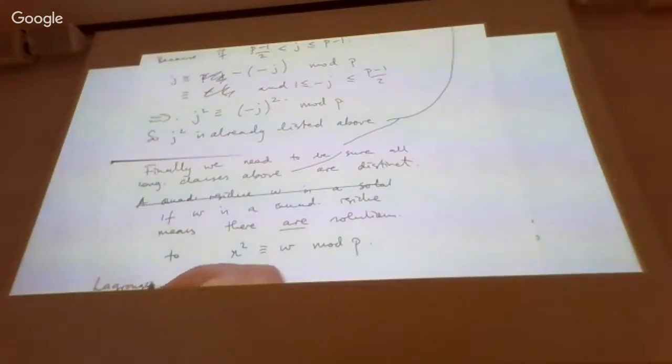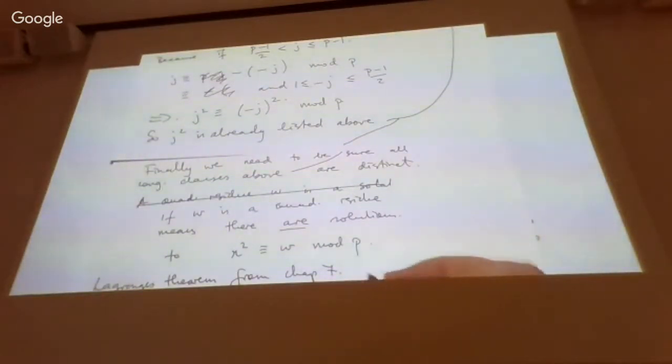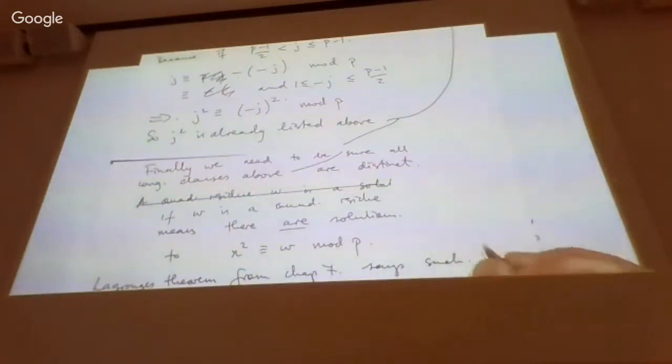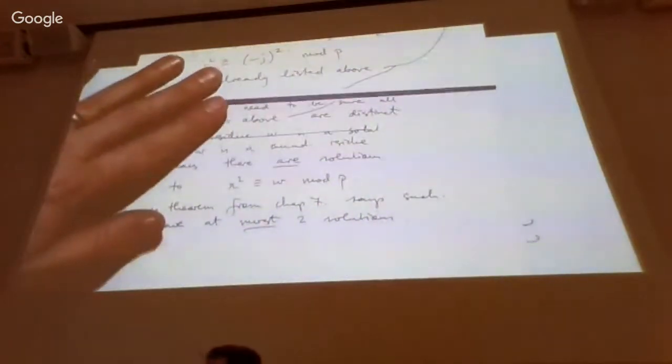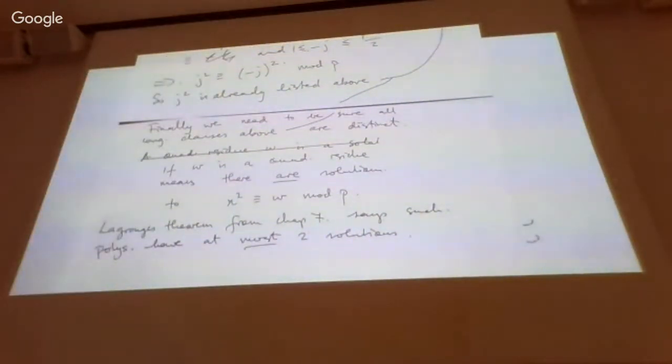Lagrange's theorem from the previous chapter, chapter 7, says such polynomials, and that's quite a simple polynomial, x squared congruent to w, have at most two solutions.